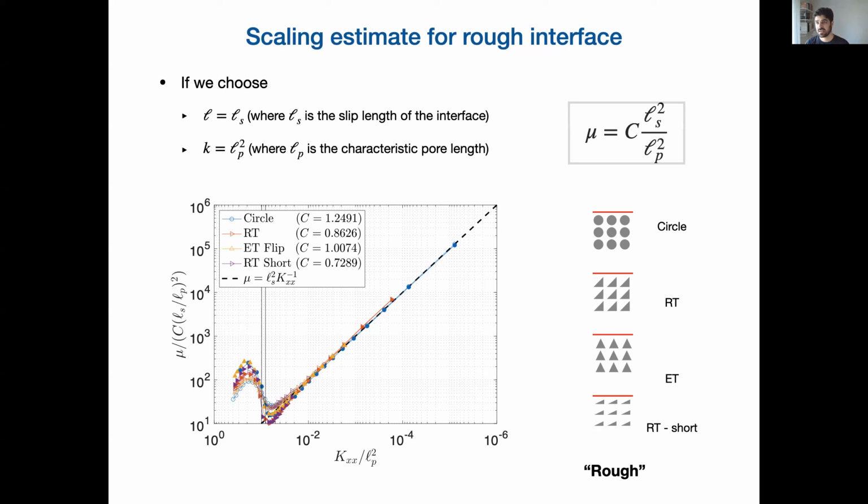So this shows that the scaling is appropriate to collapse all the different geometries. However, the C coefficient is something we have to fit. As you see, for different geometries we have used different constants. However, the constants are all order 1. They vary between 0.7 here and 1.2.